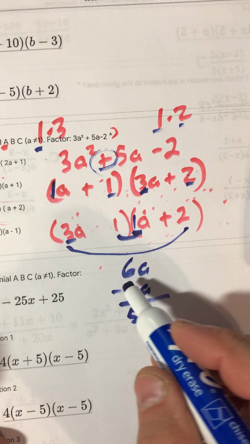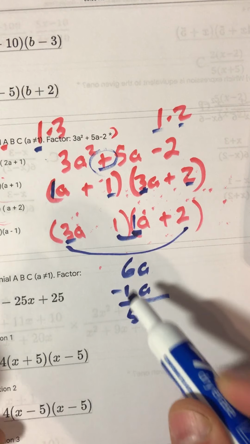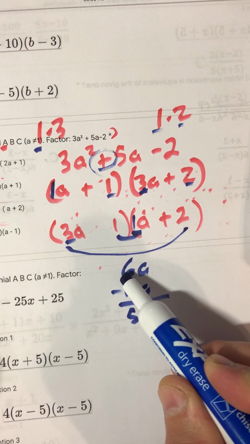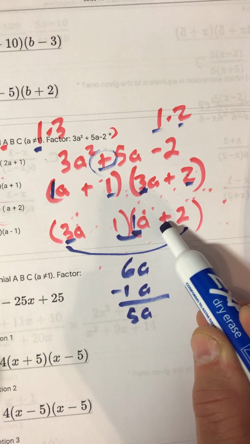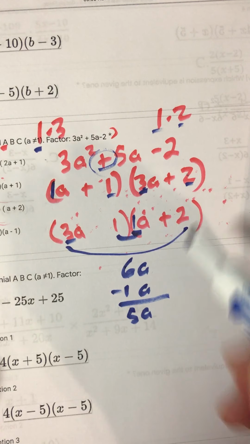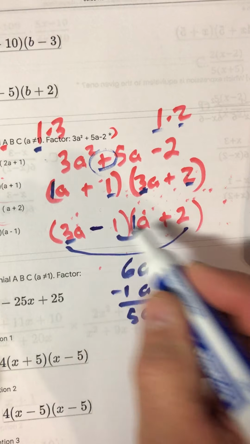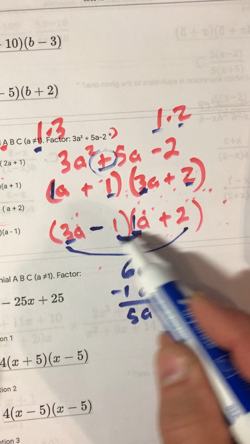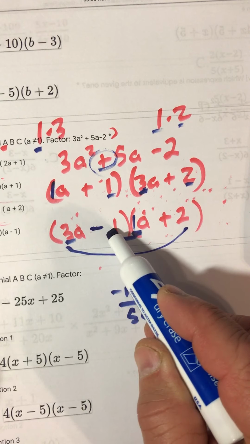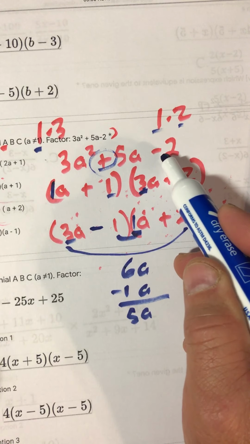But then, what 2 numbers when multiplied got us that 6a? Well, it's the outer 2, so we want that to be positive, and then we needed to subtract. So right there we needed to put that minus sign. And then when you multiplied a -1 times 2, we got that -2 back.